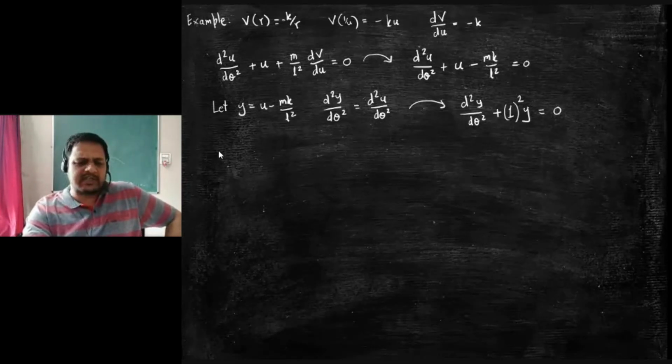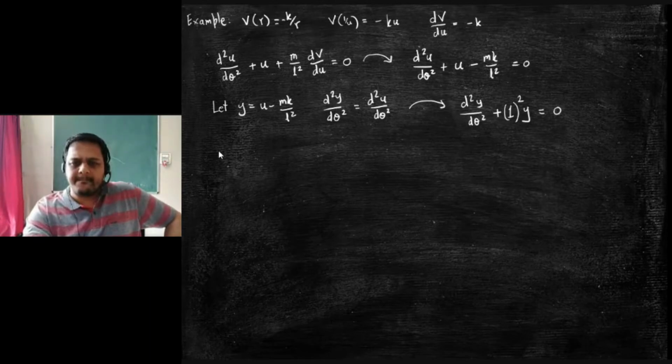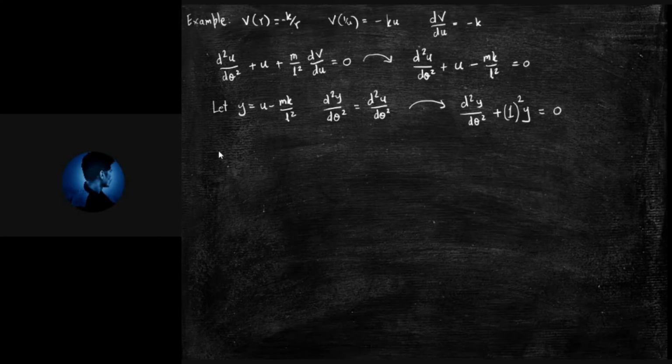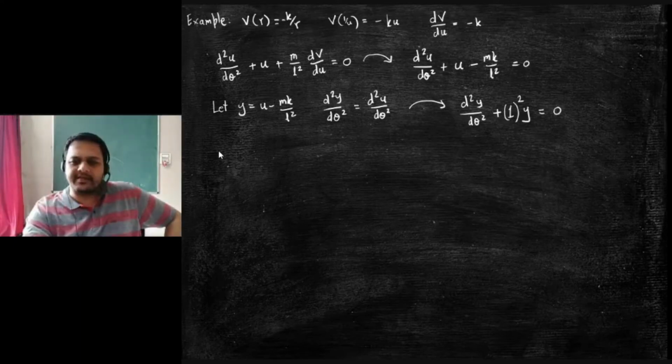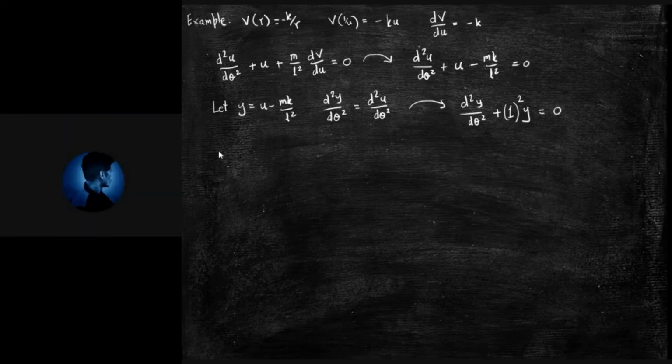What is the usual solution for harmonic oscillator? It is oscillatory solution. Oscillatory means what is the mathematical form? A cos omega t plus phi.